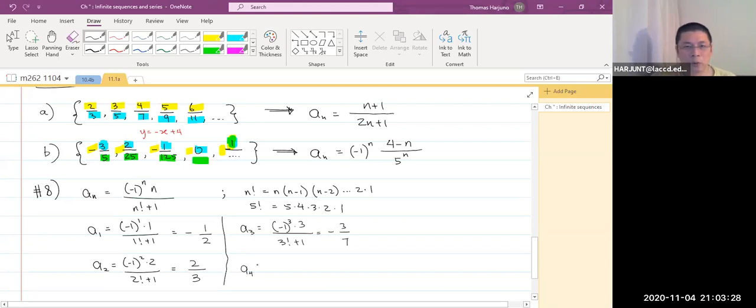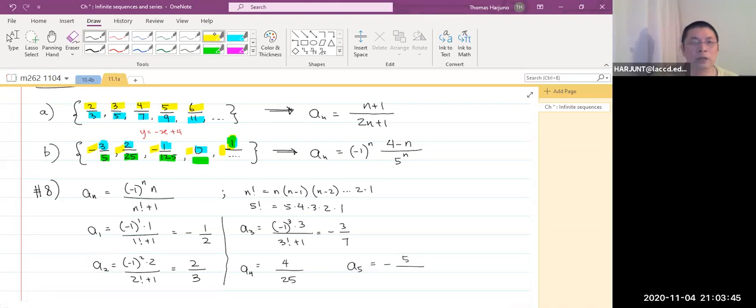A sub 4, that will be positive 4 over 4 factorial, I think that's 24 plus 1, that's 25. So a sub 5 will be negative 5 over, you see we have alternating. We have the alternator, right? That will make it alternate plus minus, plus minus.